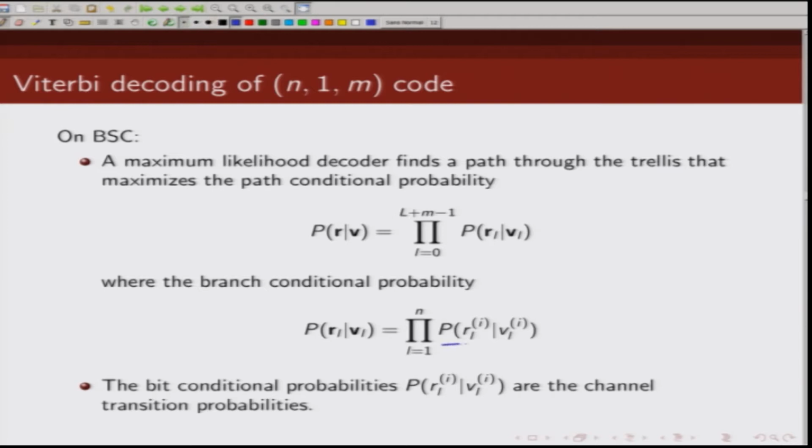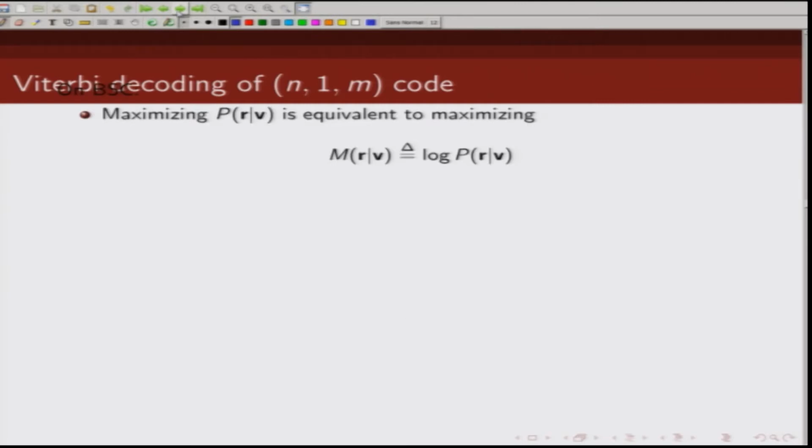And what are these probabilities? These are nothing but the channel transition probabilities. Now, maximizing this likelihood function is equivalent to maximizing the log of the likelihood function. Why?